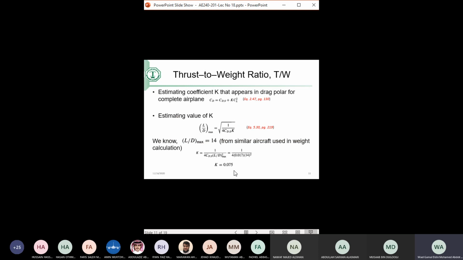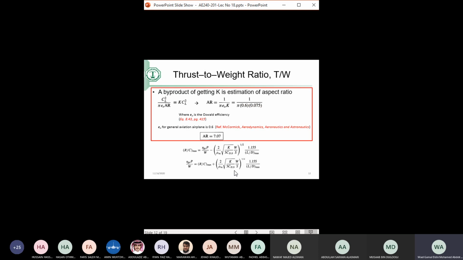But someone might go into chapter 2 and say, hey, I had an equation that relates K to the aspect ratio. K was 1 over pi e naught aspect ratio. Can I use the equation in order to get the aspect ratio? Yes, of course, you can. And that's a good way to estimate the aspect ratio.